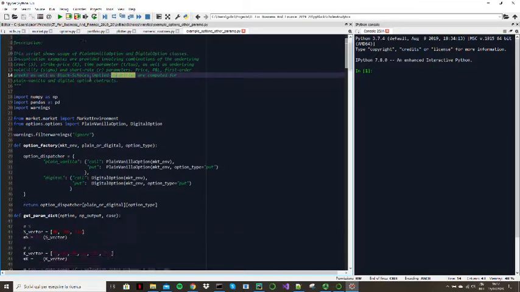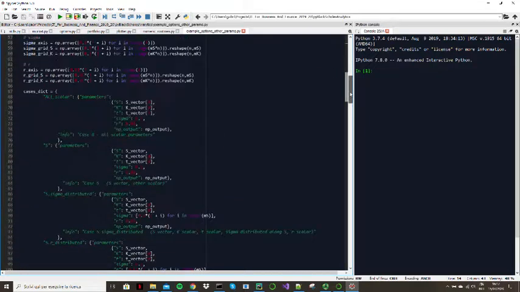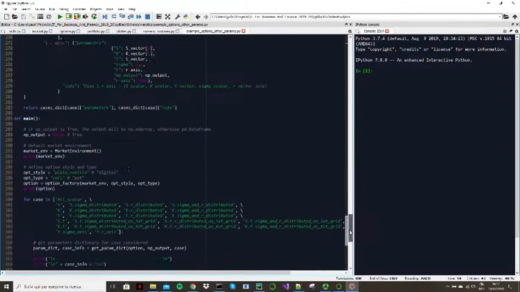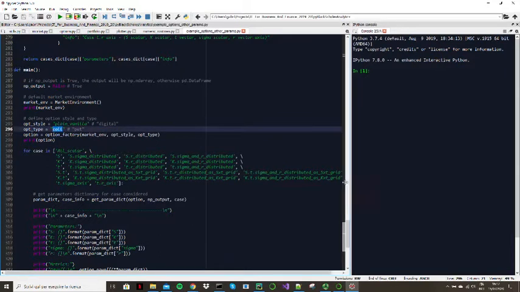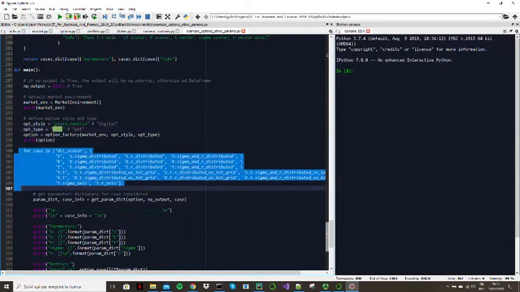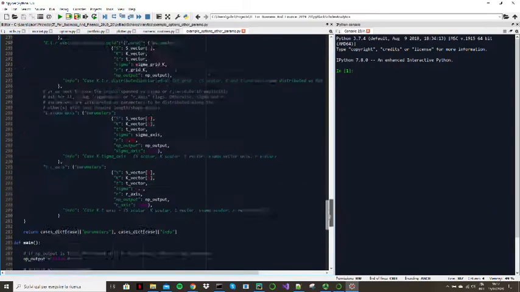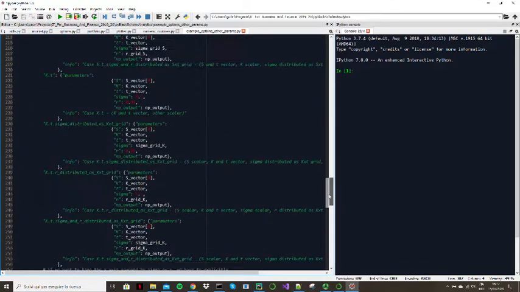You can choose whether you want to consider a plain vanilla or a digital option, and then a call or a put. So basically, in each of these configurations, we are considering a different input parameter setup.